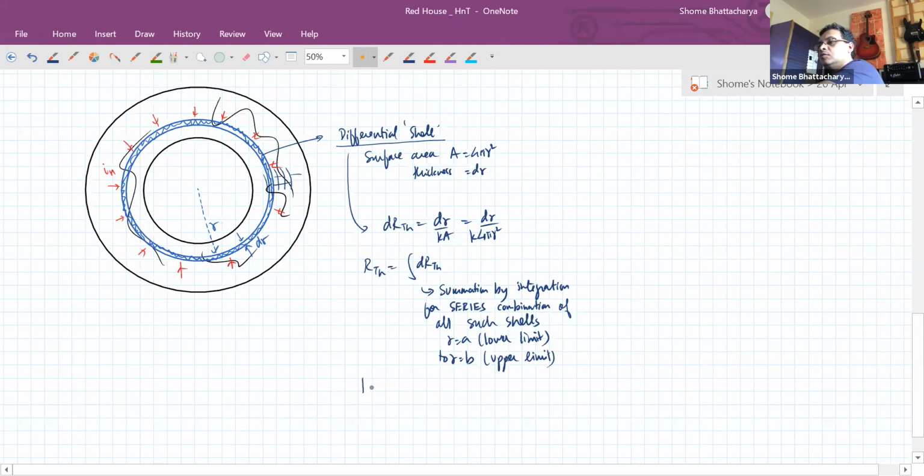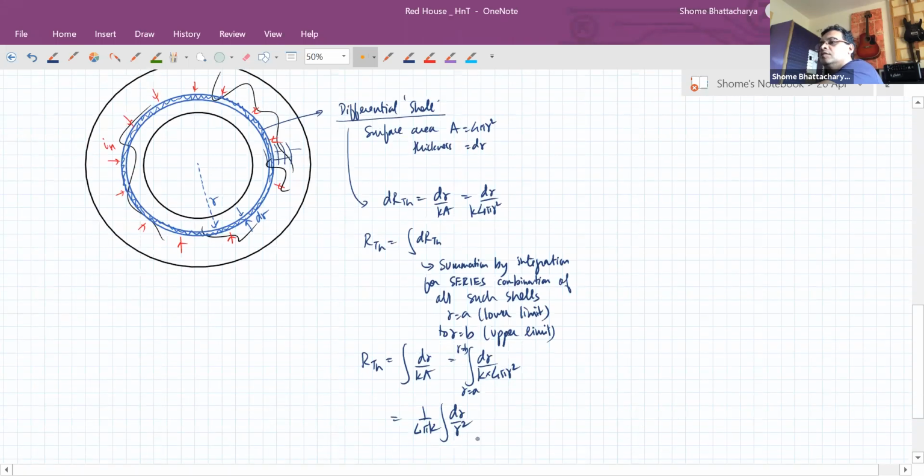So it's a very simple integration at the end. Okay. So now just complete this integration and work out the value of thermal resistance. And using that, we can work out the steady state heat current, or the rate of conduction.